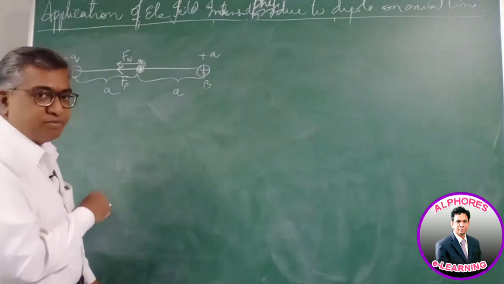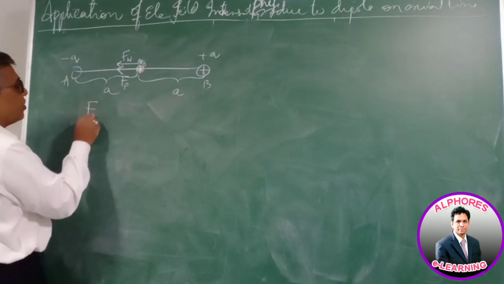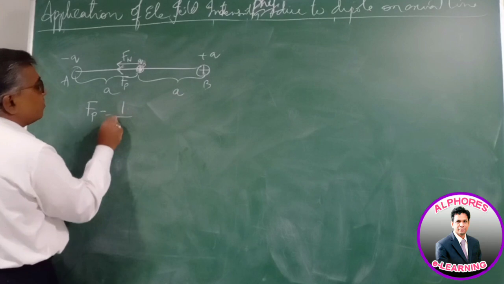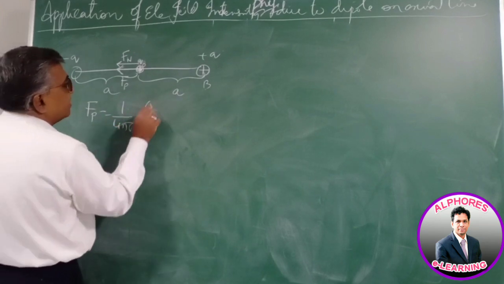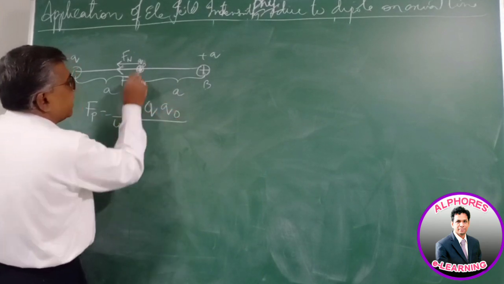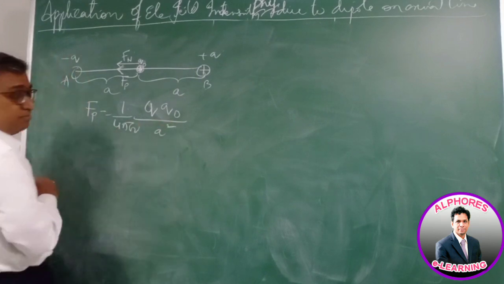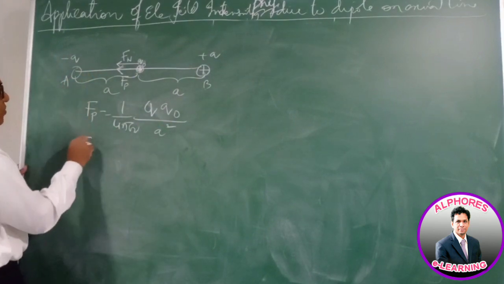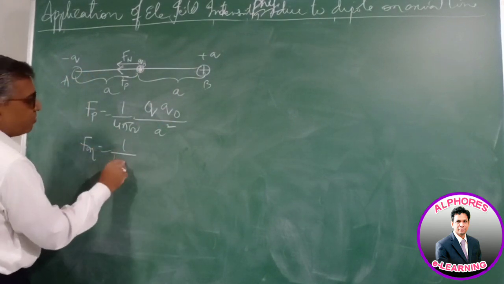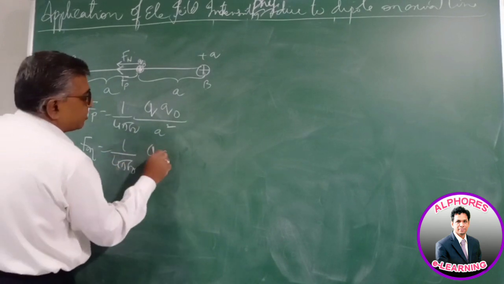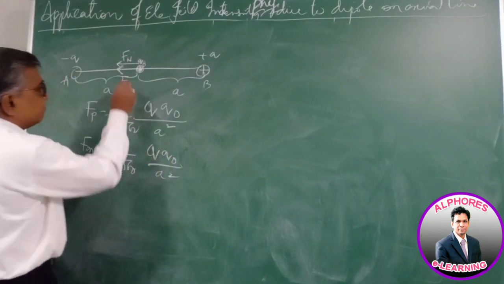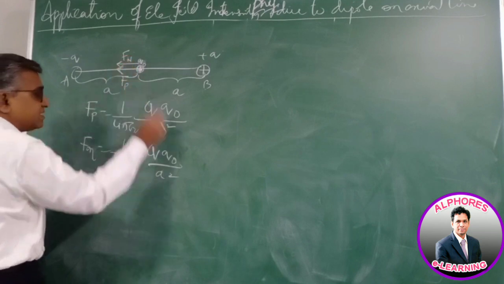So the resultant force. Force due to the positive charge is 1 by 4 pi epsilon naught, q naught by a square, towards left. Force due to the negative charge is 1 by 4 pi epsilon naught, q naught by a square, same, and both are in the same direction.